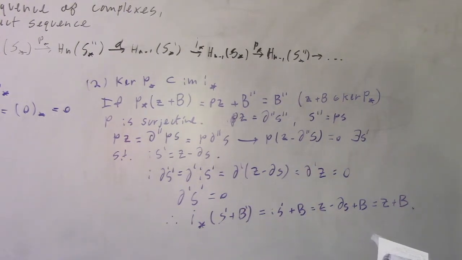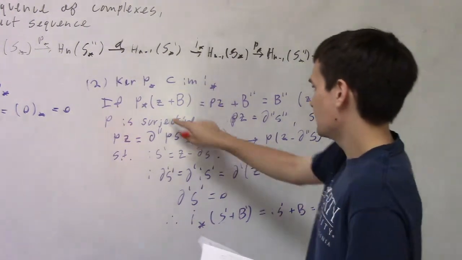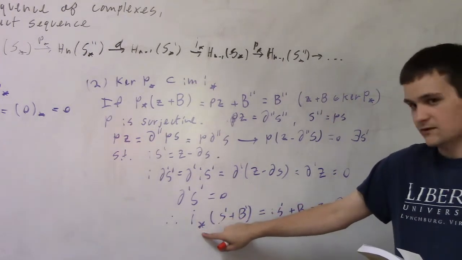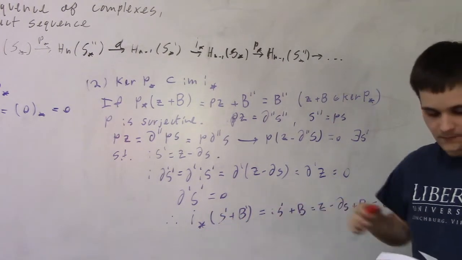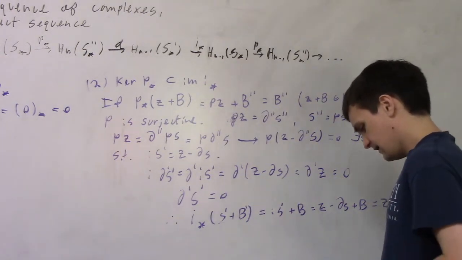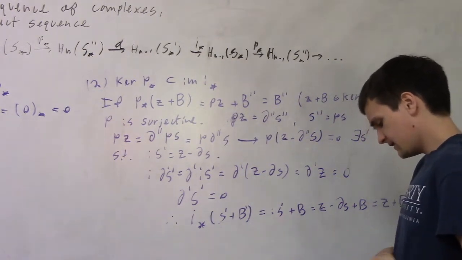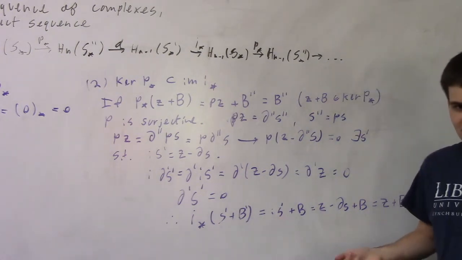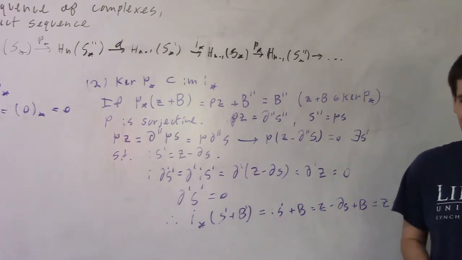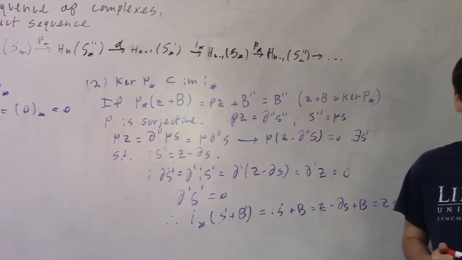So, what does that tell us? Well, this here was in the kernel, and now we've shown it's in the image of the map induced by I. So, yeah, like, this proof here, I can kind of see what he was saying with the diagram chasing being more straightforward. The one I'm going to get into later today will be less straightforward.